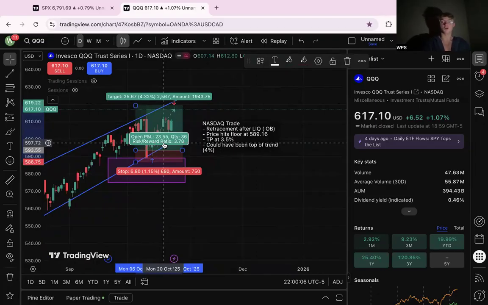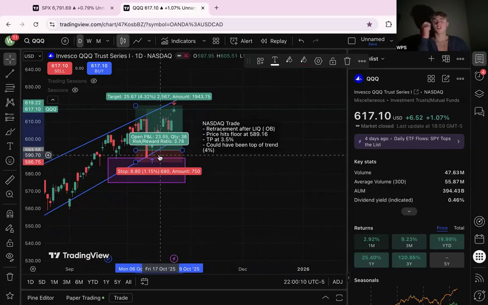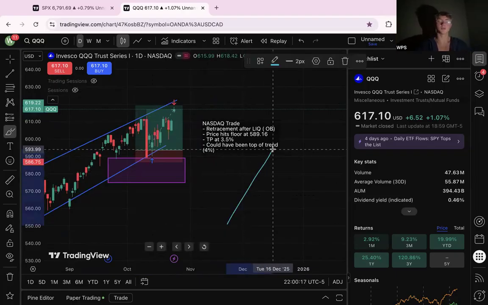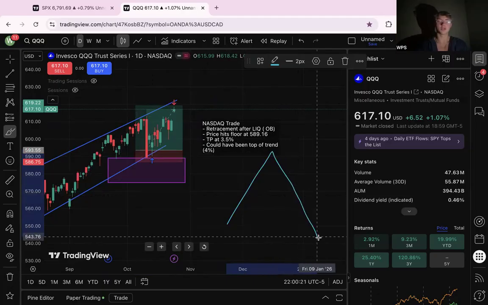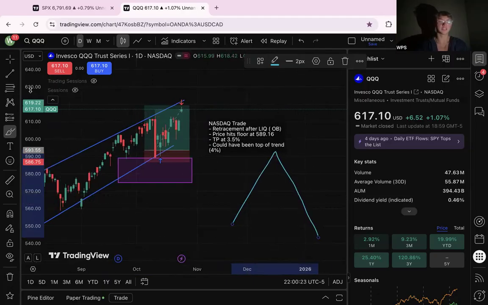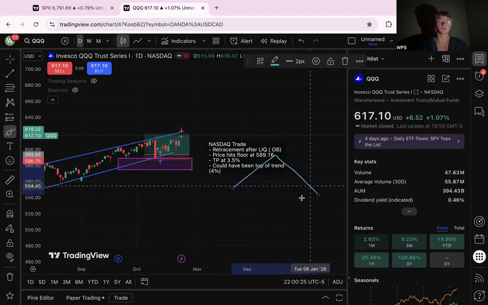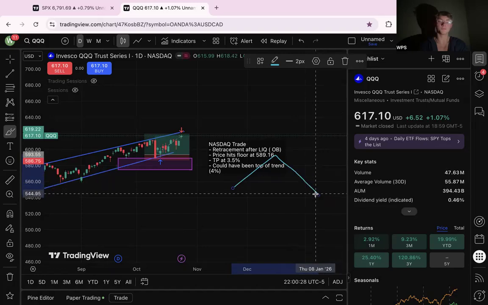So overall, the main part of my strategy is support, when it hits support slash liquidity, because that essentially means that price goes up, and this could go the other way as well, but it goes up and then it goes down. So it's testing the support and it's also collecting liquidity.